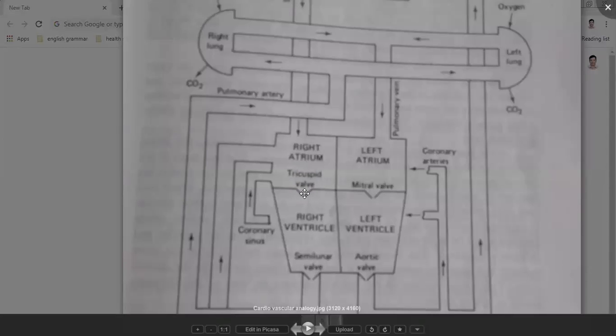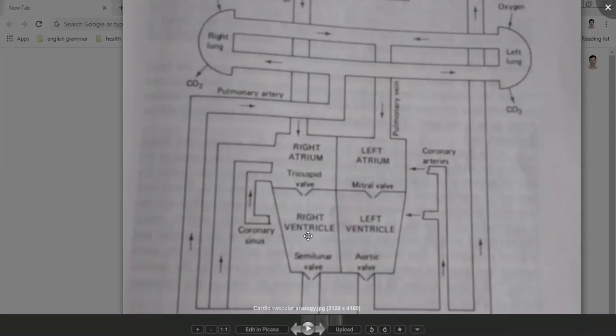When the Tricuspid Valve opens, it means the pressure inside the atrium has increased due to contraction. When it contracts, the pressure increases in the atrium, and due to that the Tricuspid Valve opens and the blood fills the right ventricle.